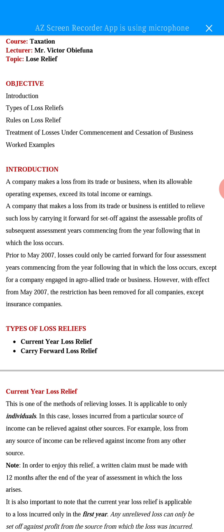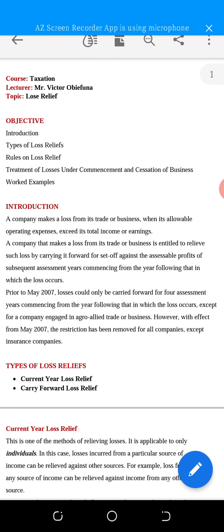So, introduction. A company makes a loss from its trade or business when its allowable operating expenses exceed its total income or earnings.